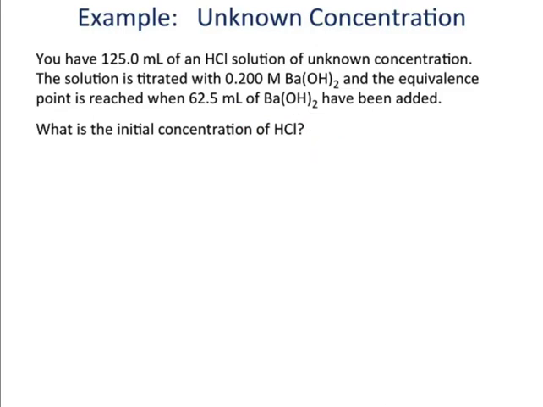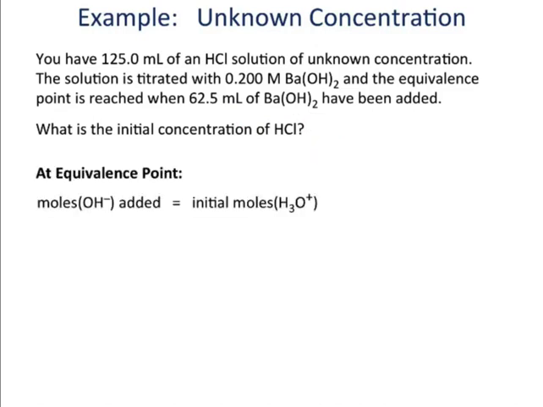So we need to find the original concentration of HCl. And so here's our mantra. At the equivalence point, the moles of the OH- that's been added is equal to the initial moles of H+ that were there in the first place. So we can calculate how much hydroxide's been added, and then we can figure out the number of moles. And then, hey, to get to concentration, you have moles over liters.